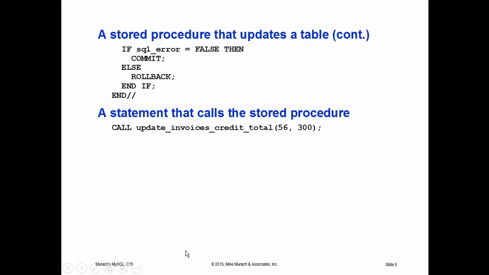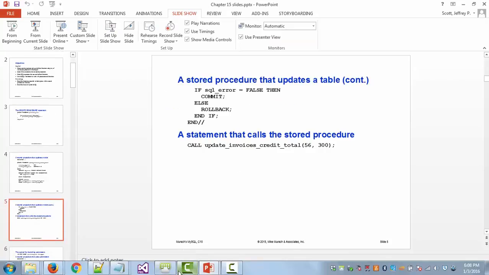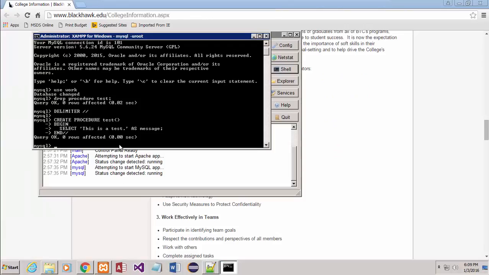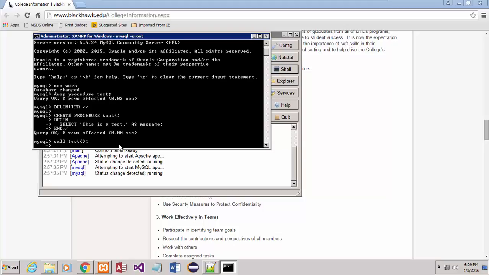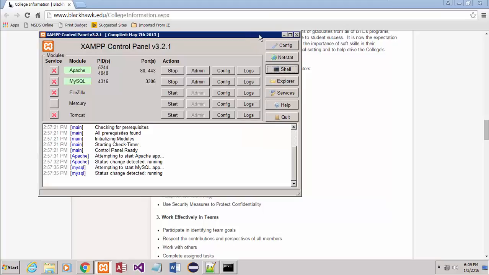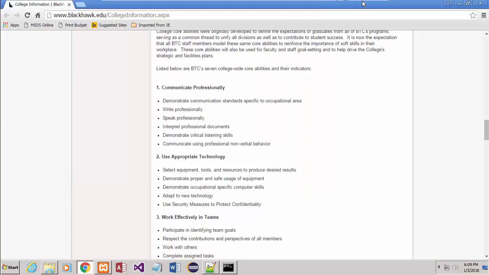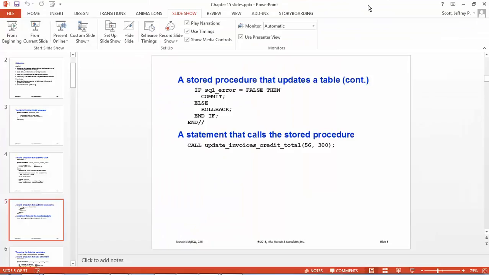So let's see, just for the heck of it. Earlier we'd come in there and we'd written this. So if I call test, it still doesn't like that. I thought that would do it, but it didn't. Like I said, fortunately or unfortunately, it's been a while since I've looked at some of this stuff.